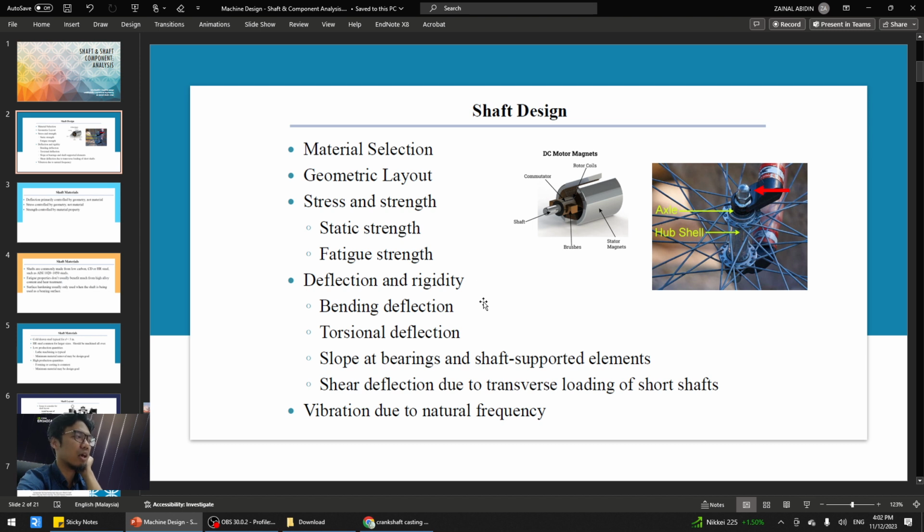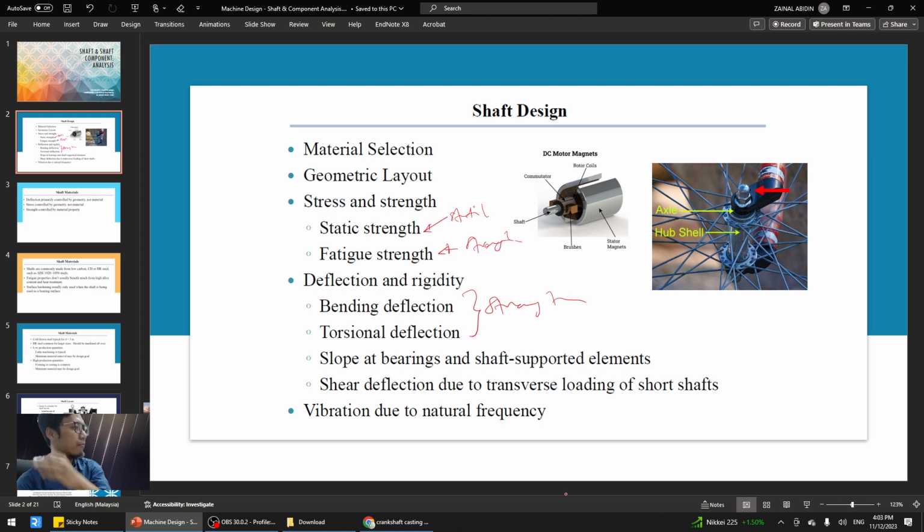Under that, you must have a bending deflection test and a torsional deflection test. All these tests, actually you have learned in strength of materials, in statics and in the strength topic.